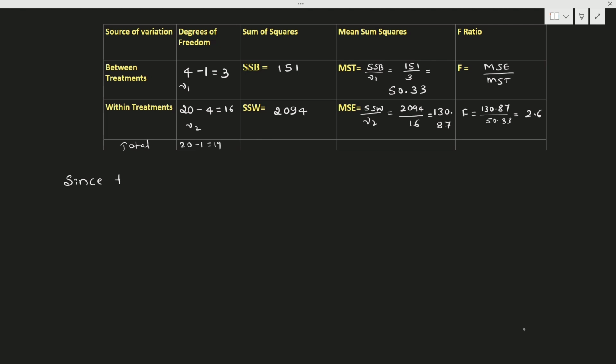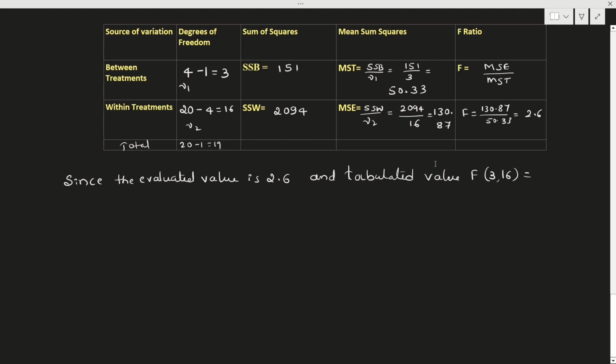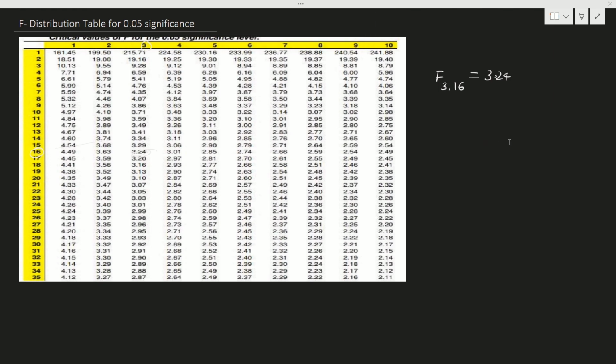Now, what is the evaluated value? Since the evaluated value is 2.6, and the tabulated value is F of 3, 16, that is 3 and 16 degrees of freedom, we need to check using the table.